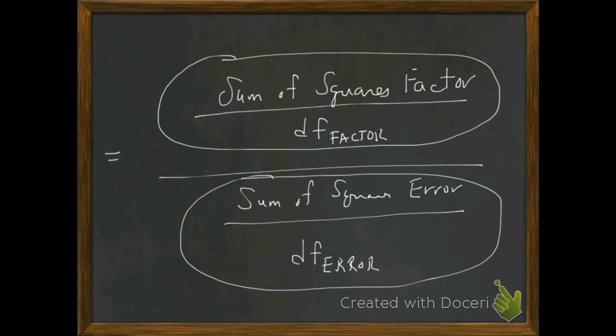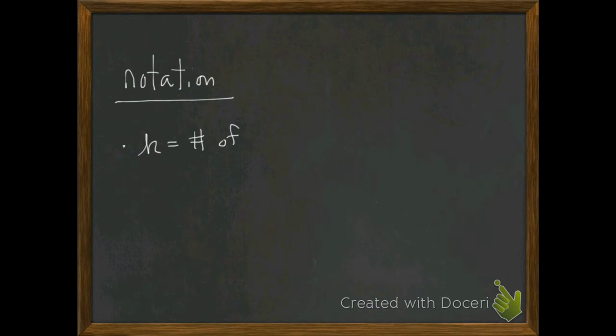Now, we need some notation before we get too crazy here. First of all, and this is my notation, I tend to do it different than a lot of textbooks. First of all, we're going to let K equal the number of groups. So K is the number of group means that we're going to compare.